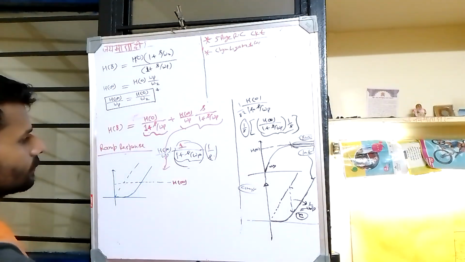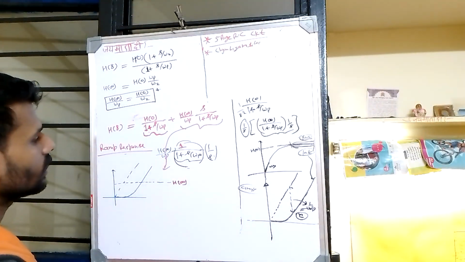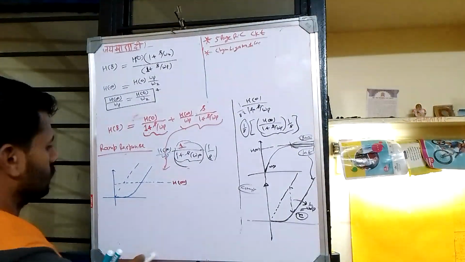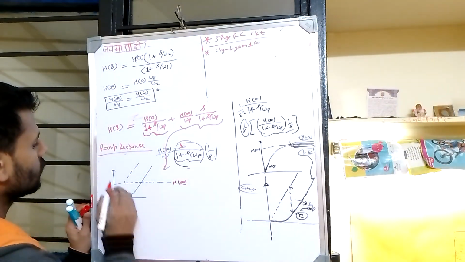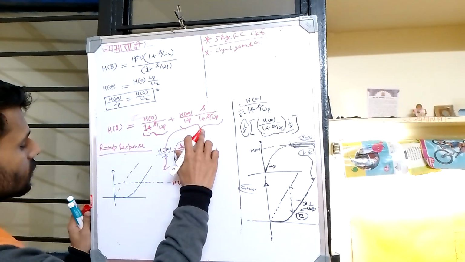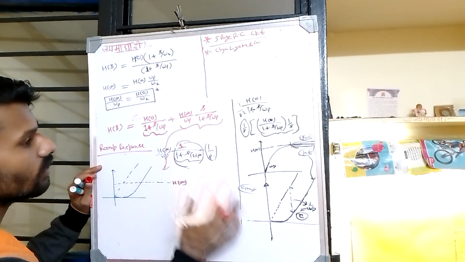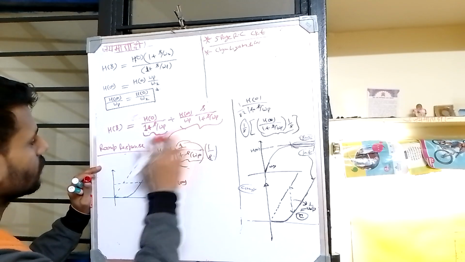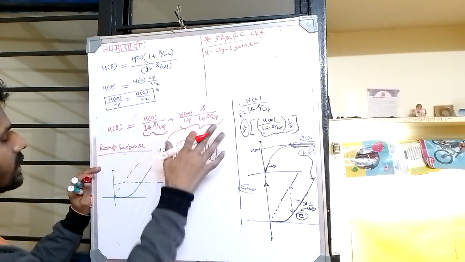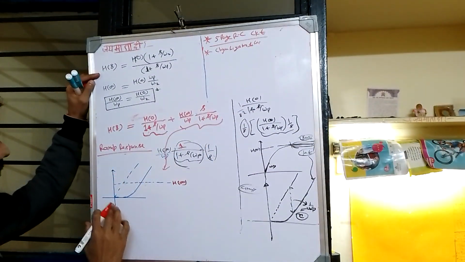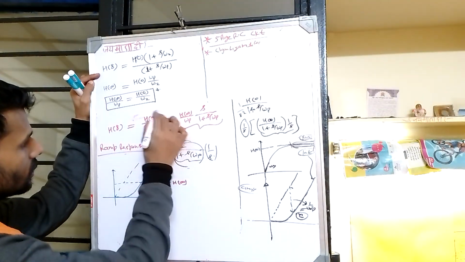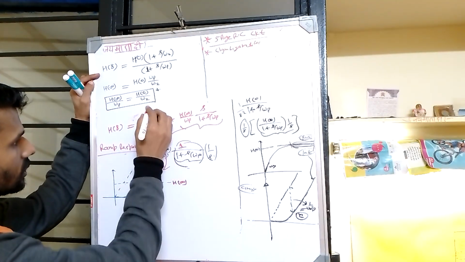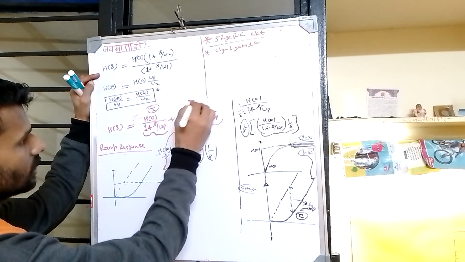Okay, so for this, I want to plot a total ramp response for this transfer function. For this transfer function, this is the first one and this is the second one.